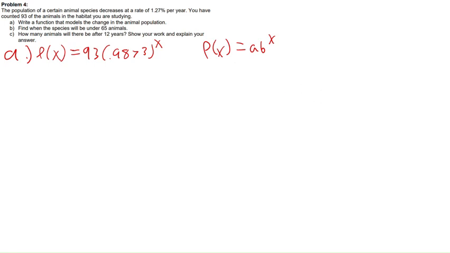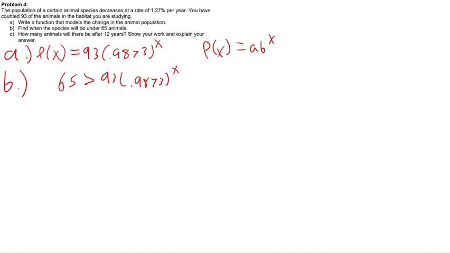So we're going to apply this in B. Find when the species will be under 65 animals. So if we're applying this, it's going to be 65 must be greater than the amount of animals that actually exist. So this will be 93 times 0.9873 to the power of x, because that's what we're finding.